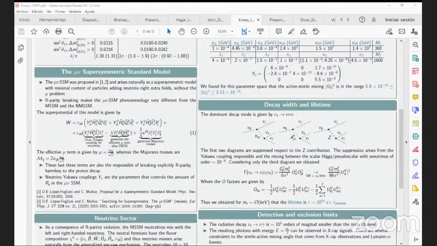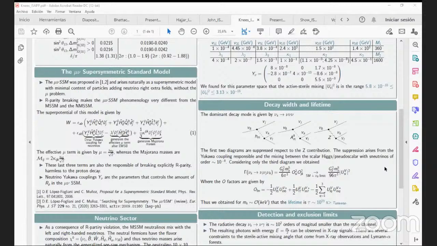Here, R-parity is violated, so the phenomenology is really different from that of the MSSM and NMSSM. Here, the superpotential, the last 3 terms are particular to this model. Maybe in the question section I can explain a little bit, but we have Majorana masses for neutrinos and Dirac-Yukawa coupling for neutrinos.